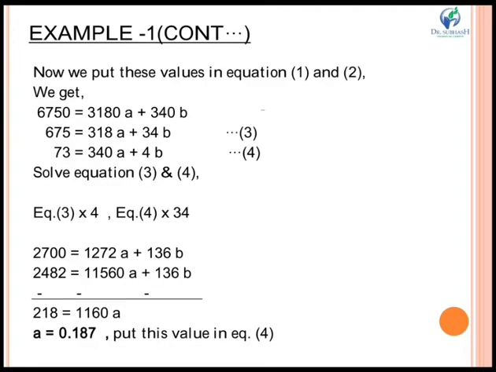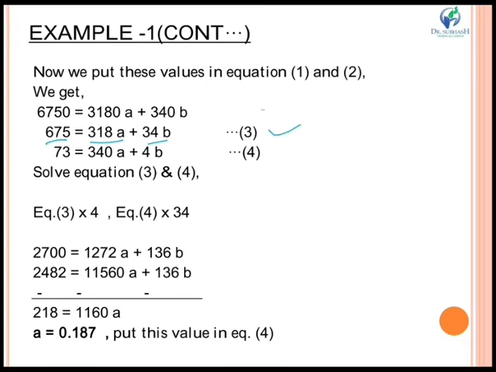On putting these values in equation 1 and 2, I get 6750 equal to 3180a plus 340b. Now this equation can be divided by 10, so I get 675 equal to 318a plus 34b. I have done this just to make my equation smaller. I name it as equation 3.